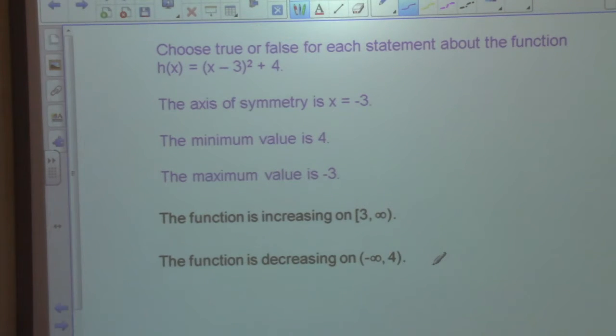Now these problems here, based on what we've done in class, you should be able to do these without a calculator. But when you have your test on Wednesday, are you going to even use your calculator over something like this? Most of you, yeah, maybe or maybe not. Just depends on how certain you are of what's going on.